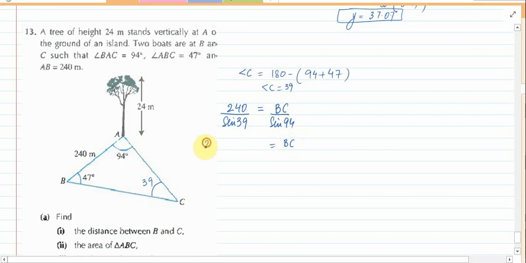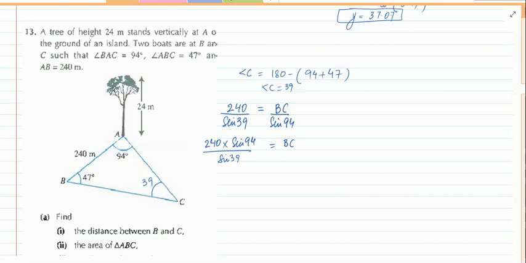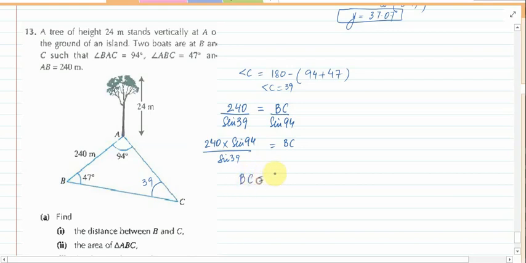So it's 240 multiplied by sine 94 divided by sine 39. So sine 94 is 0.99 times 240 divided by sine 39. So the value of BC is 380.43. I hope that all of you had done the first part.